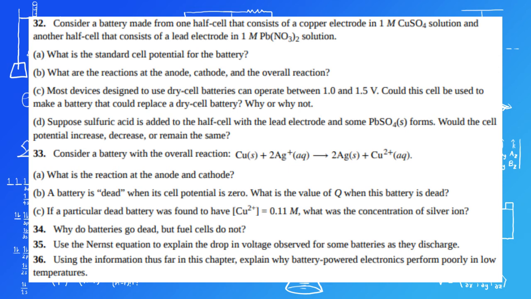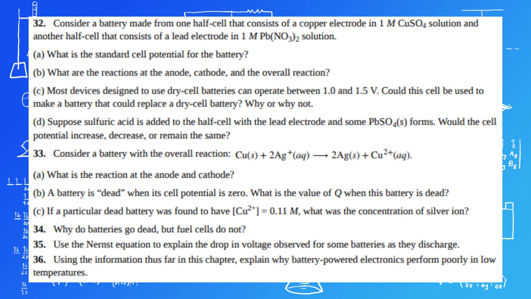Part C, most devices designed to use dry cell batteries can operate between 1 and 1.5 volts. Could this cell be used to make a battery that could replace a dry cell battery? Why or why not? So, depending on your answer to part A, if the standard cell potential is between 1 and 1.5, then you can use it.